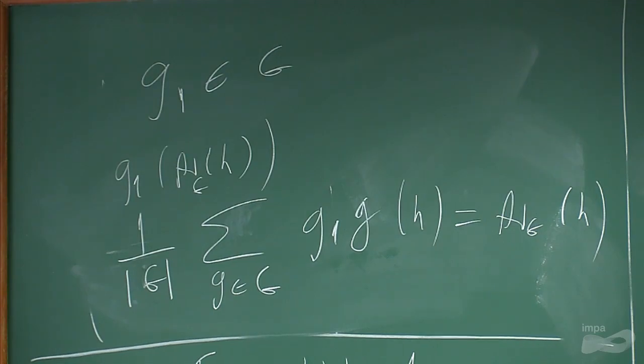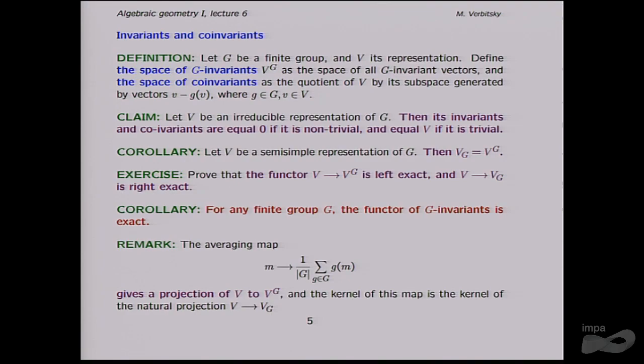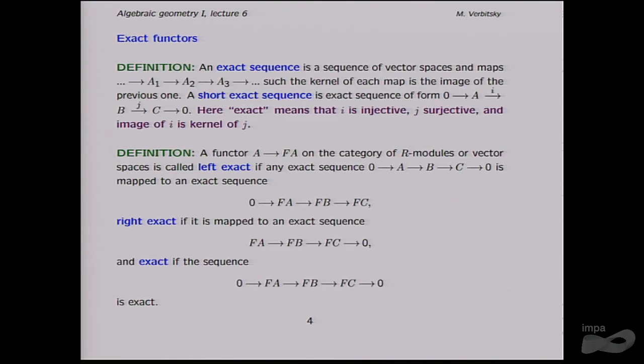So we obtain the following observation, which is on the next slide. I'm just doing something. So this is, oh no. It was on the previous slide.